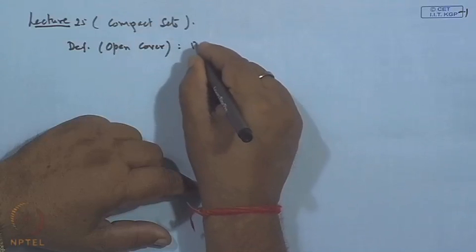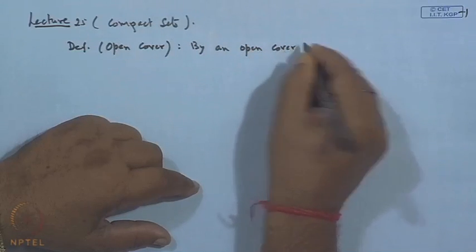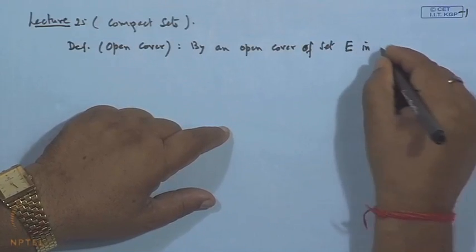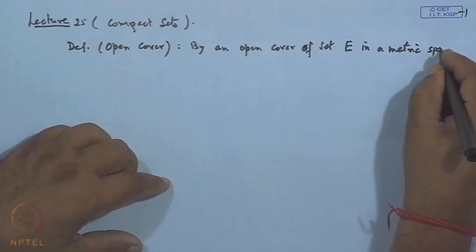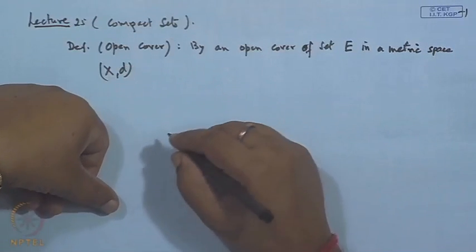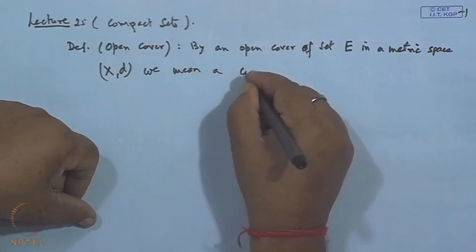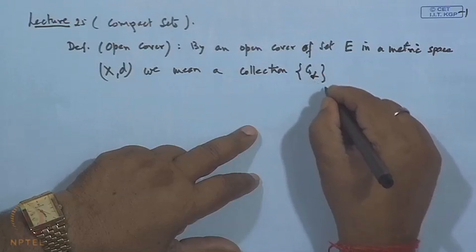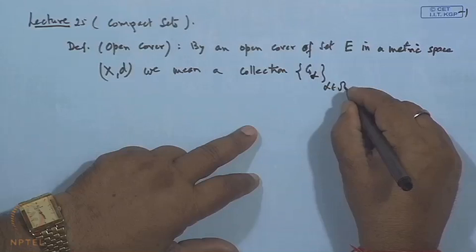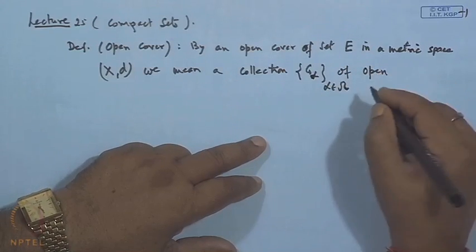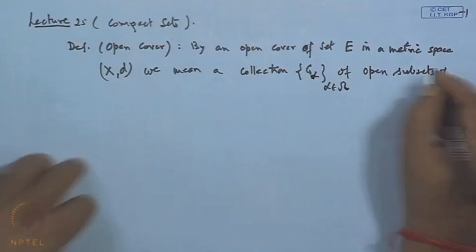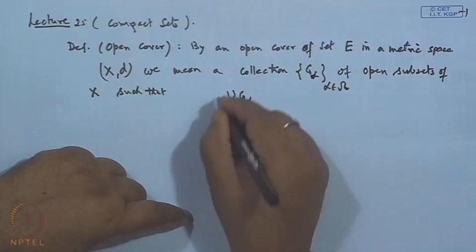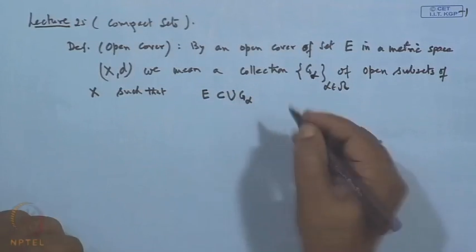By an open cover of a set E in a metric space (X, d), we mean a collection of open sets G alpha, where alpha belongs to the index set omega, of open subsets of X such that the arbitrary union of these open sets G alpha covers E, when alpha belongs to omega.